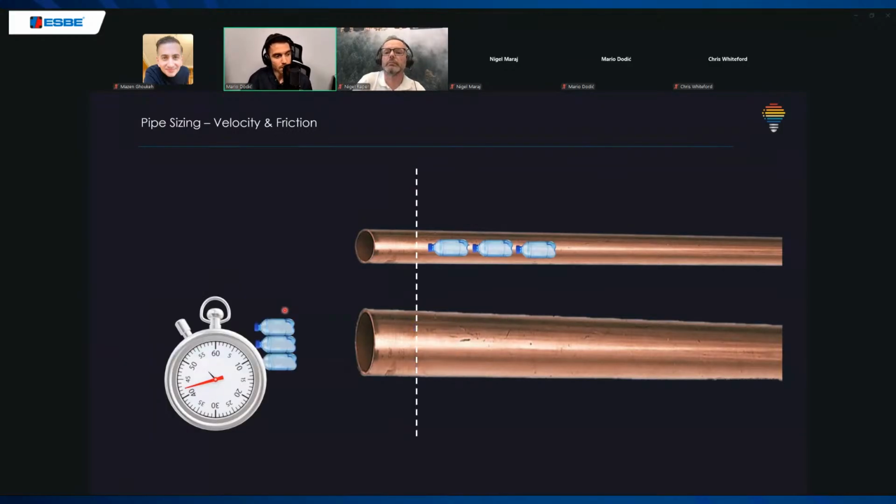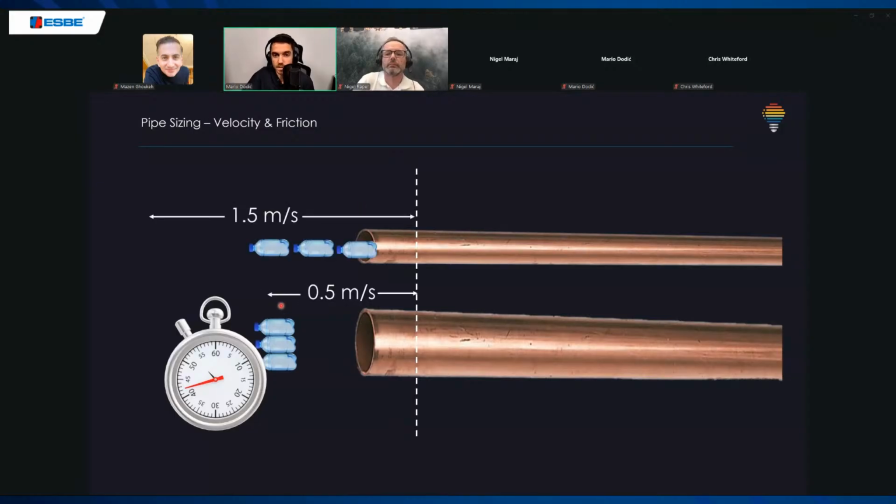Because we want our velocity between 0.5 and 1.5 meters per second. What is velocity? Velocity is what you can see here: how many meters per second our water is moving.